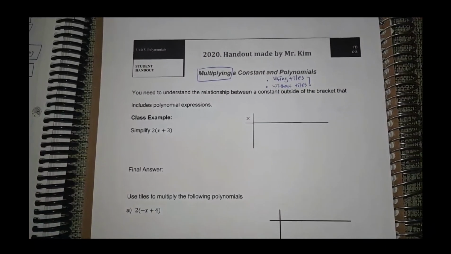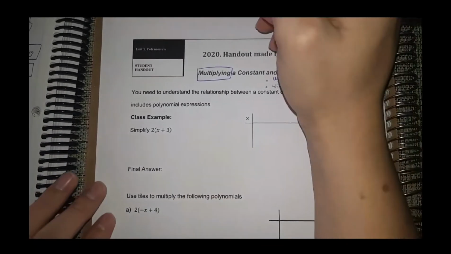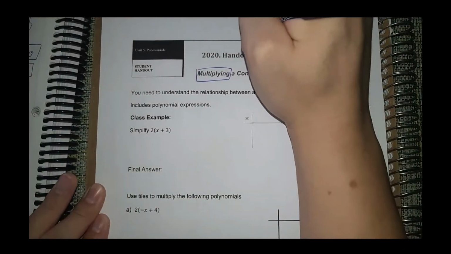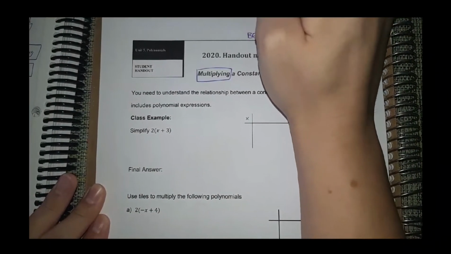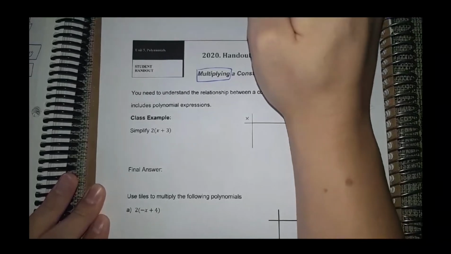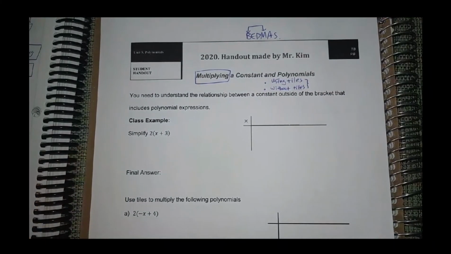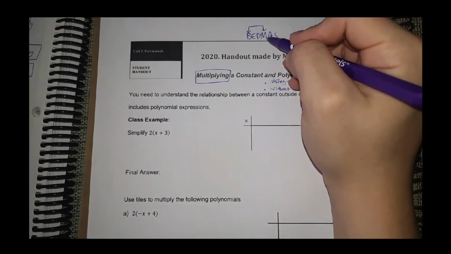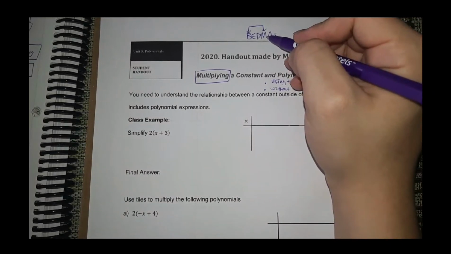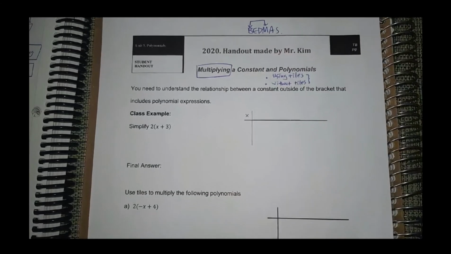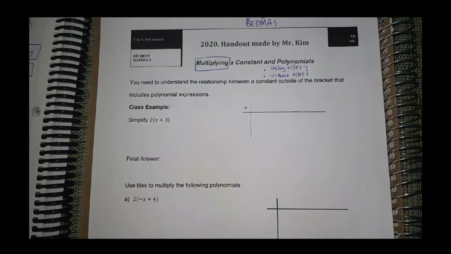One thing that you need to understand is, when it comes to the order of operations, bracket and multiplication, these two actually follow through quite close together, just because we don't put a multiplication sign in an algebraic expression. As you may notice, it's going to be like a number outside of the bracket.